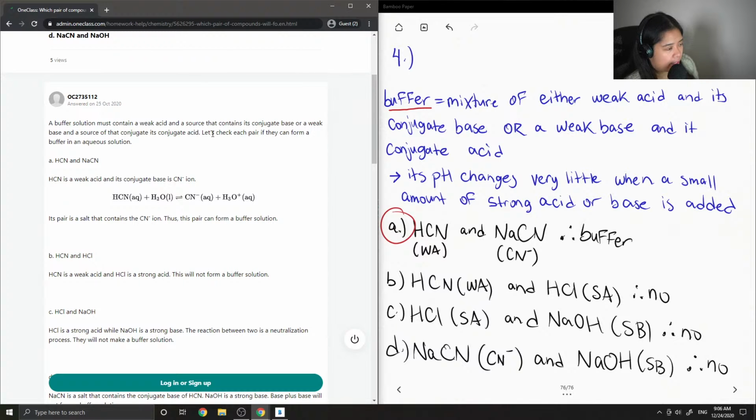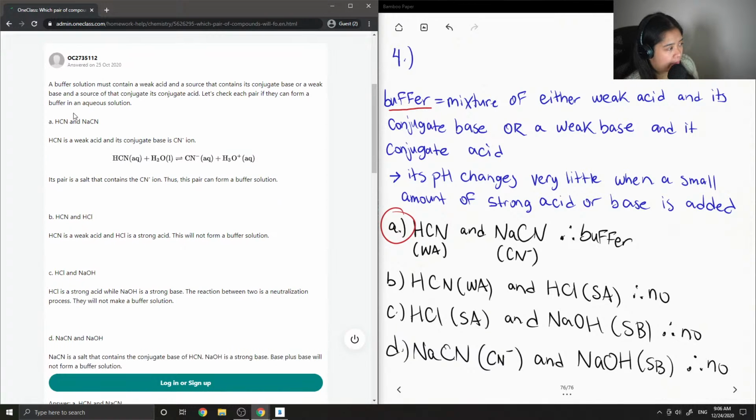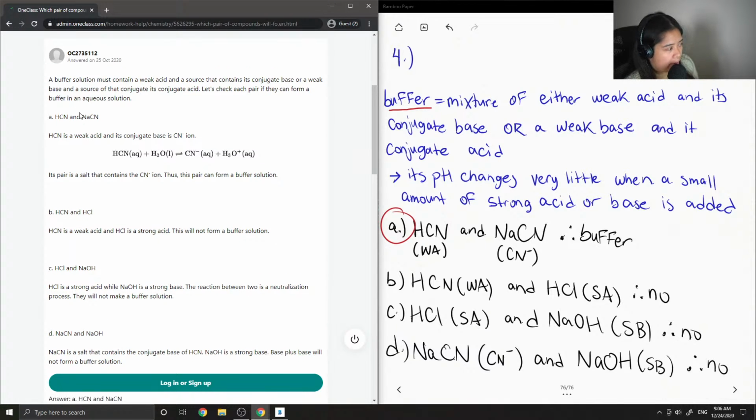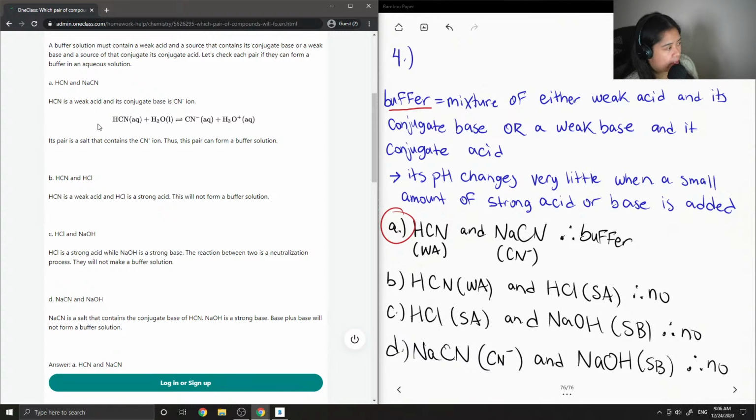And then let's check each pair to see if they can form a buffer in an aqueous solution. For the first option, HCN is a weak acid and its conjugate base is the CN- ion. They also showed the reaction that takes place, and its pair is a salt that contains the cyanide ion. Thus, this pair can form a buffer solution.